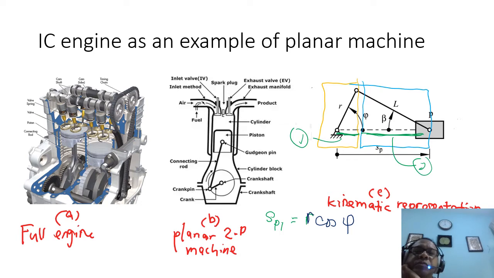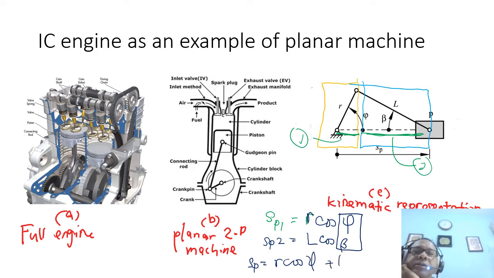And then what about SP2? It is L cos beta. Is there a relationship between phi and beta? There is. We can determine that using a trigonometric relationship. But what we wanted to show here is that SP equals R cos phi plus L cos beta.